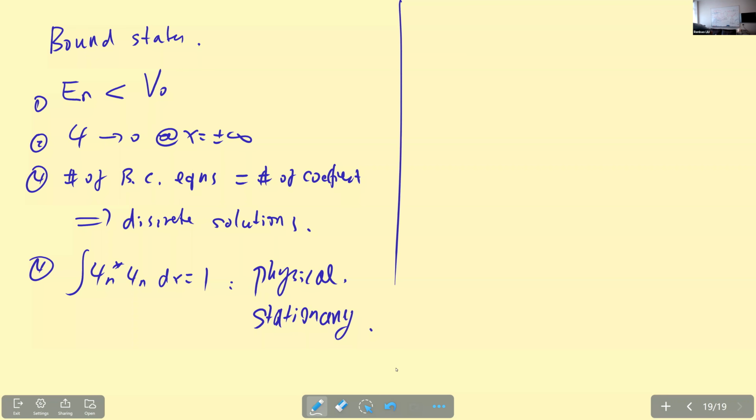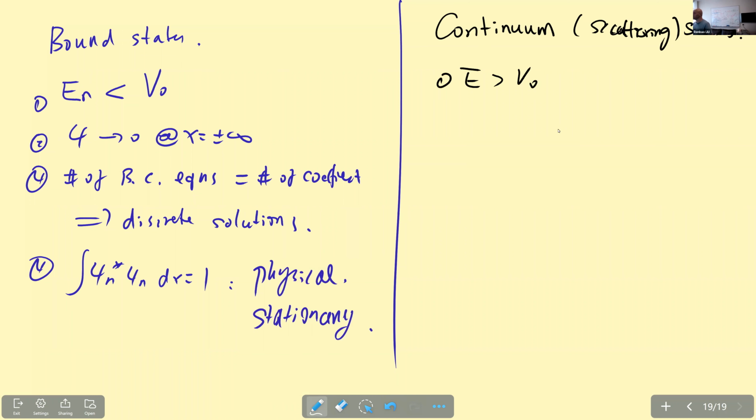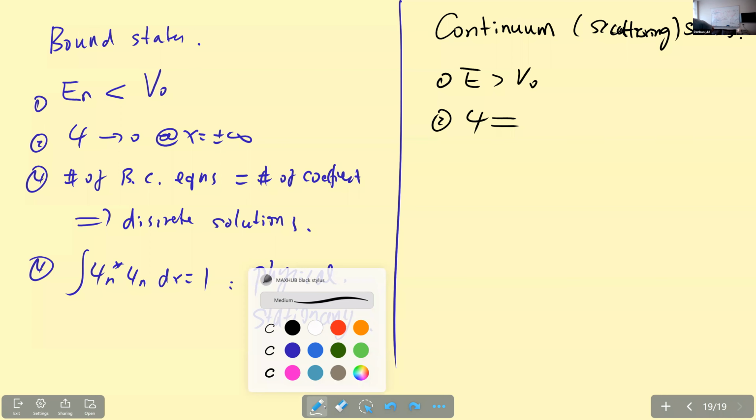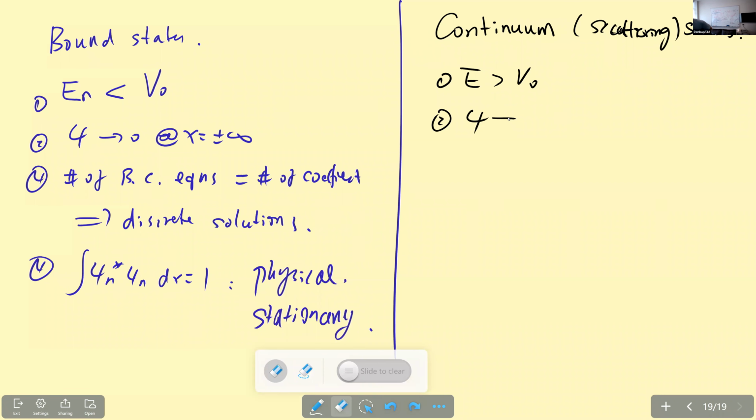And then for the continuous states, or scattering states, the energy should be above the barrier. And we don't need psi to go to 0.